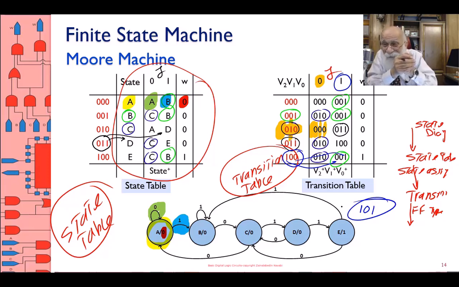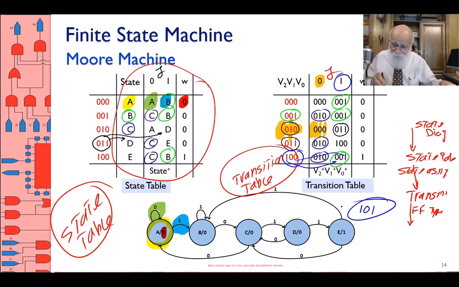The beauty of the D flip-flop, though, is that whatever you put on the D input, when you clock it, becomes the output. And therefore, if you decide that you want to implement this transition table using D flip-flops, the D inputs become exactly as the transition table. I call that my flip-flop excitation table.